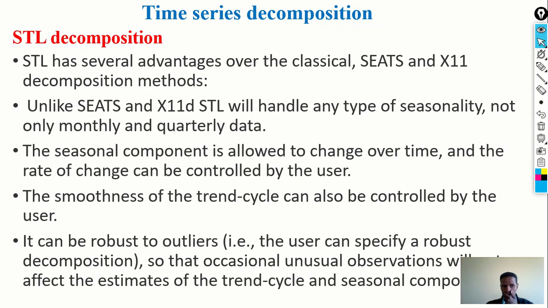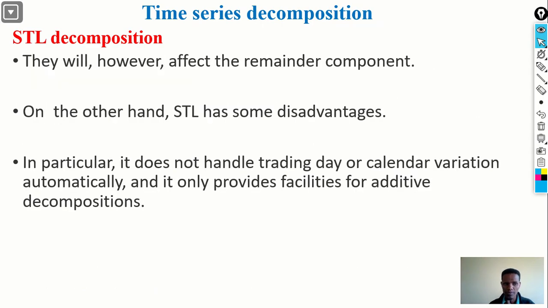So really it is very important, and it can be used for any type of data. However, the outliers will affect the remainder component. Even though the outliers cannot affect the trend cycle component and the seasonal variation component, they will affect the remainder component.